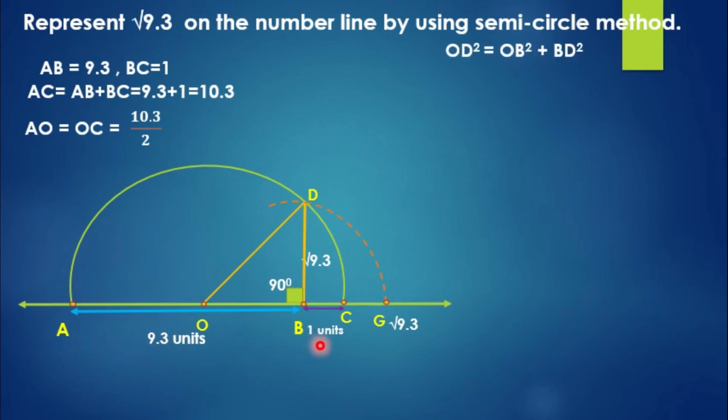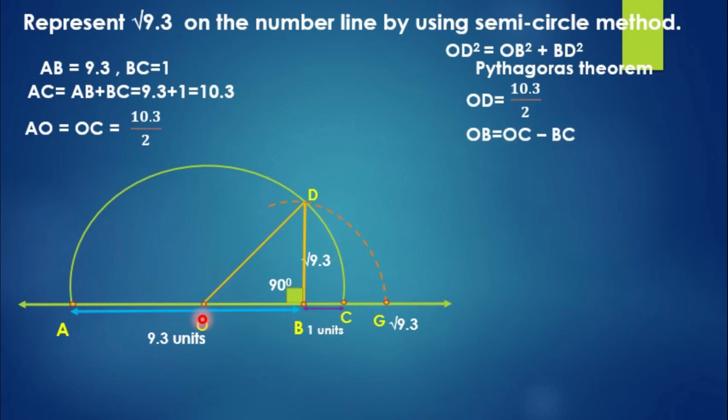OD square is equal to OB square plus BD square by using Pythagoras theorem. OD is equal to 10.3 by 2. OB is equal to OC minus BC, is equal to 10.3 by 2 minus 1, is equal to (10.3 minus 2) by 2, is equal to 8.3 by 2.